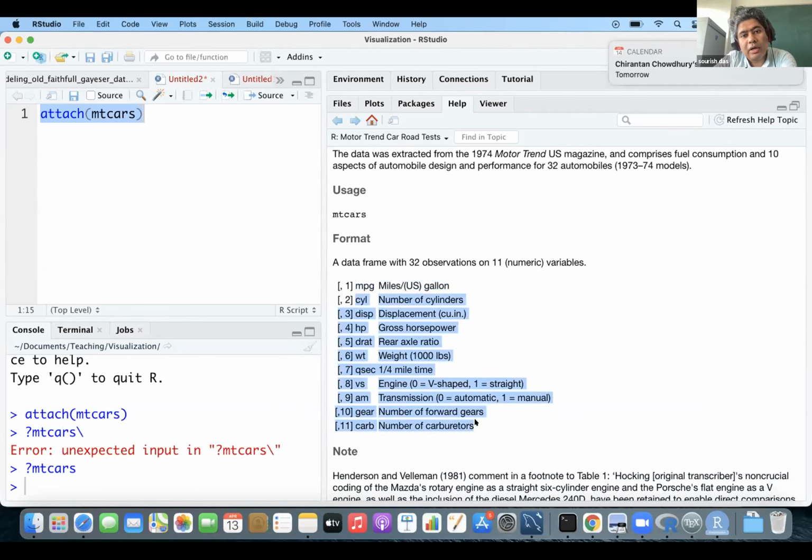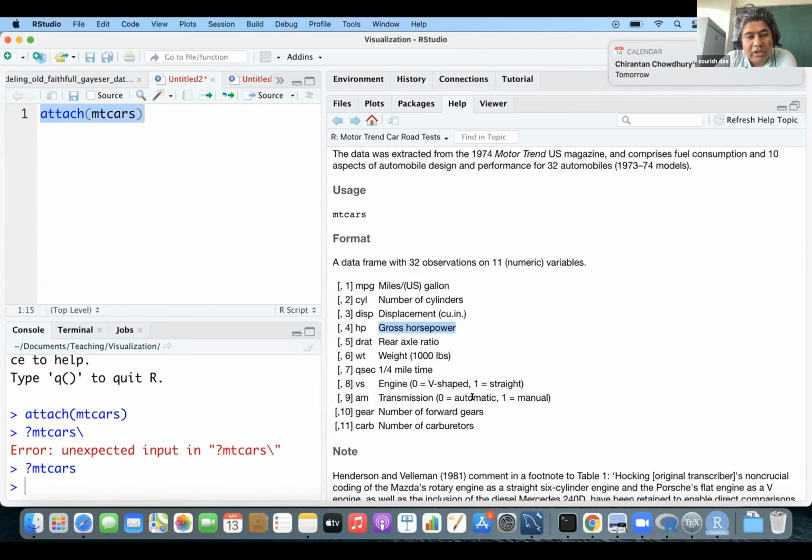of an automobile car. So number of cylinders, displacement, gross horsepower, rear axle ratio, weight, quarter mile time, engine: 0 means it's a V-shaped engine and 1 means it's a straight engine.